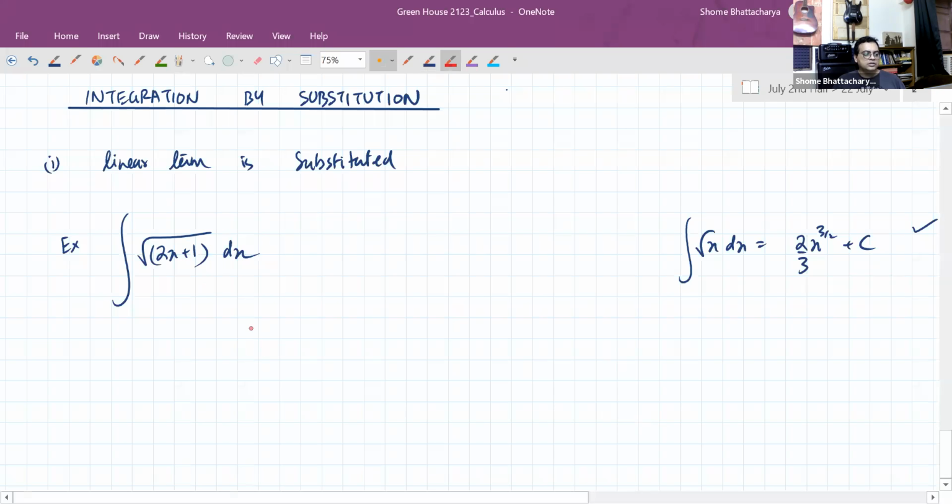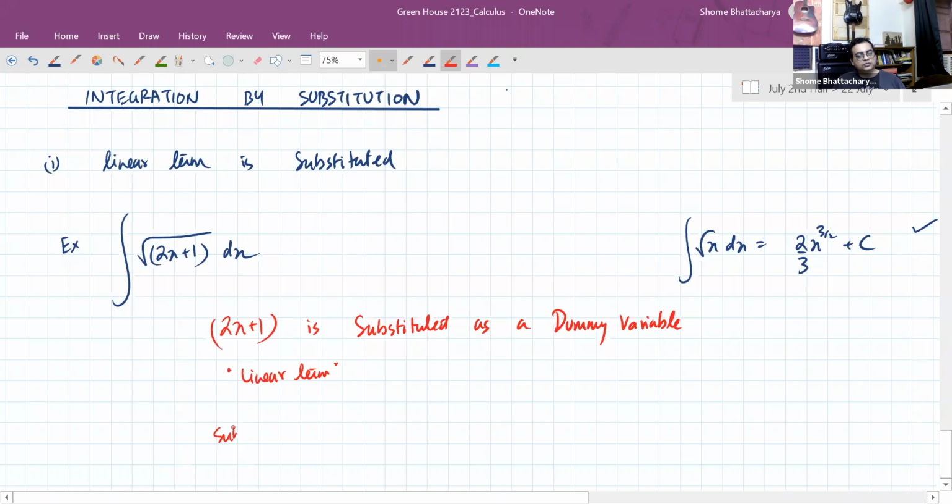Right. So what we do is, inside the square root we have a linear term 2x plus 1. Notice that this is a linear term. So this 2x plus 1 is substituted as a dummy variable, like we used to do in chain rule. That's why it's a similar thing. So we substitute 2x plus 1 as any variable we like.